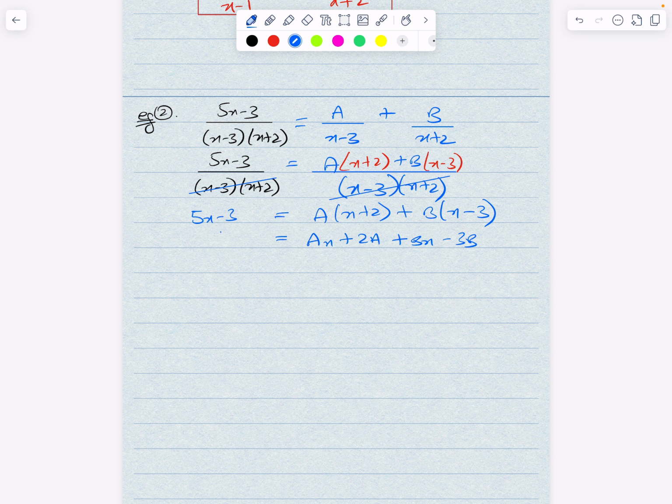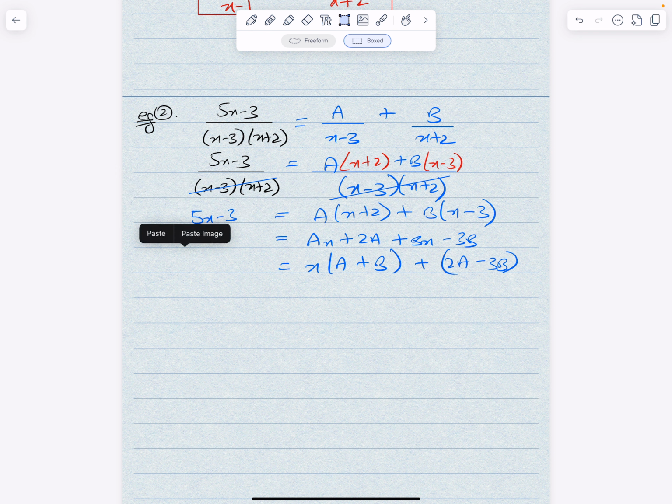I have x(A plus B) plus 2A minus 3B. And thus I can form two equations. That is, I'll compare the x terms with each other and the constant minus 3 with the constant terms.